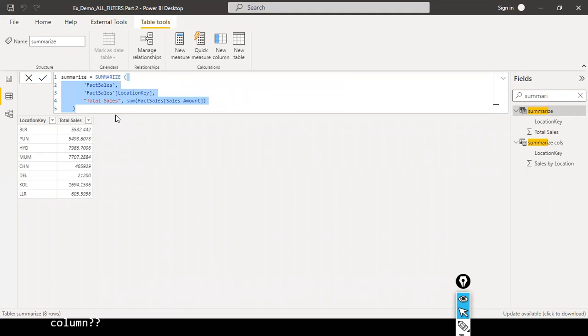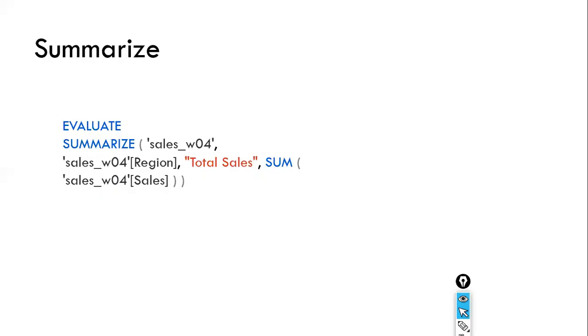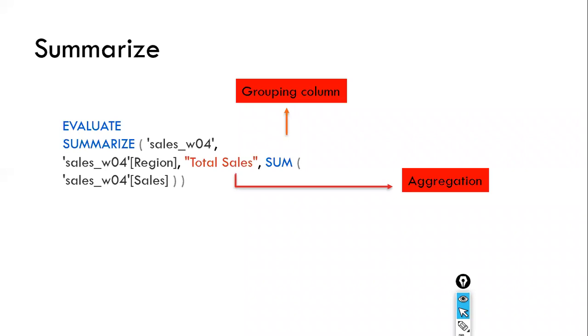Okay, so here I just go back to this one. Look here, the same thing. So this is my grouping column. Which is my grouping column? Region is my grouping column. Not this one. Sorry, this region is the grouping column, and total sales, sorry, the sum is the aggregation. Total sales is the name for this aggregation.